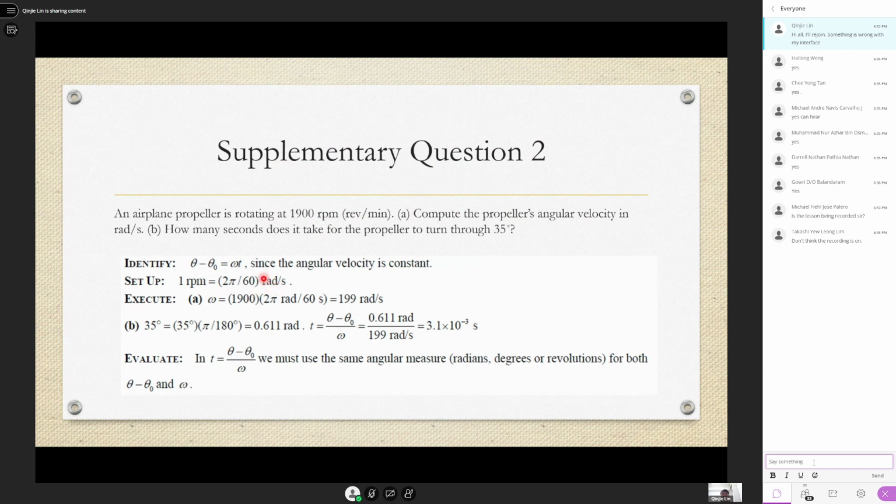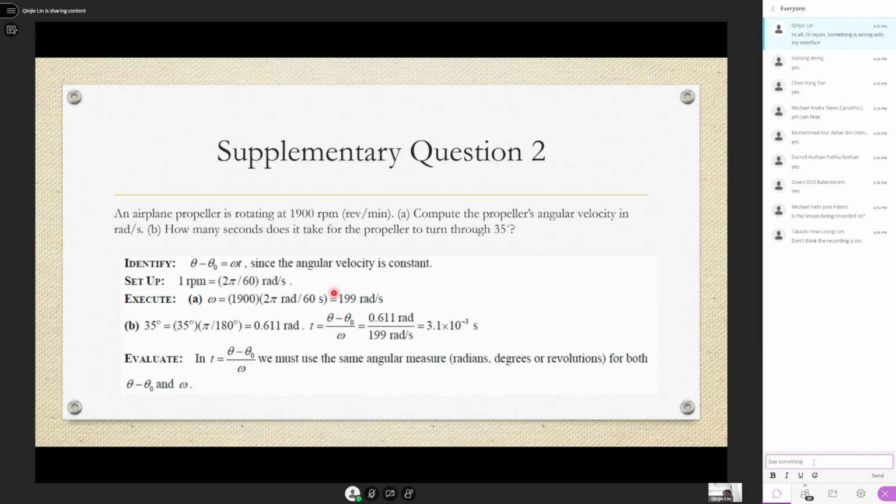You just need to know one round is 2 pi. From there you can convert already, and minutes to seconds, which all of you know how to do. So you follow that logic to convert angular velocity into radians per second.